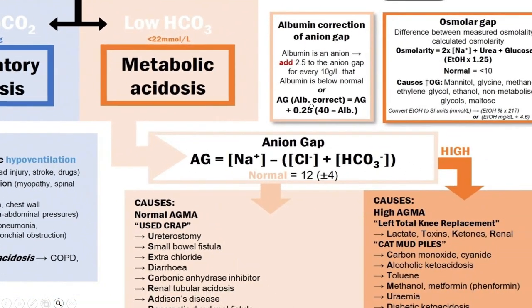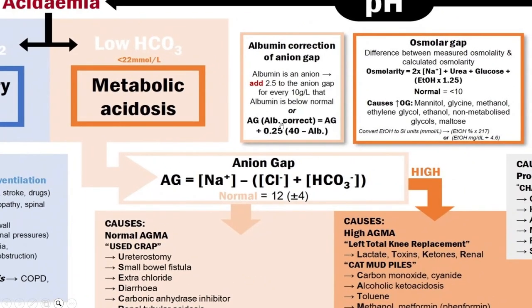Now, having said that, we move to what is called metabolic acidosis. After you've looked at the carbon dioxide and you find that the carbon dioxide is normal or low, it means that there is no respiratory acidosis, and therefore it should be metabolic acidosis that is there. How are you going to do that? You're going to look at the pH and the bicarbonate level.